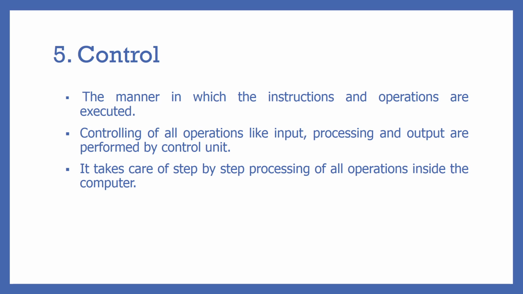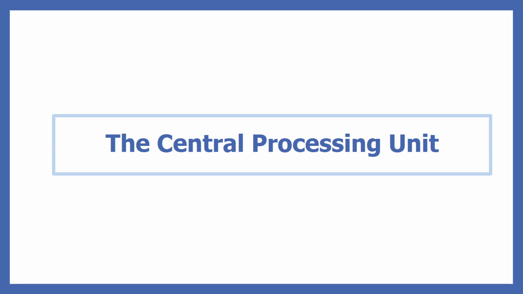It takes care of step-by-step processing of all operations inside the computer. Now, this was the general function of the computer system, which takes input, stores, processes, gives output, and controls all of the activities.